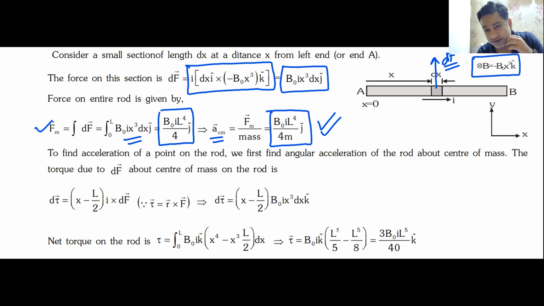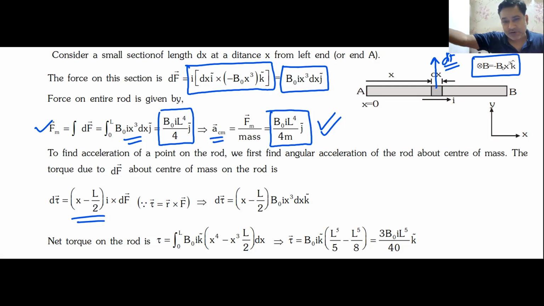Now I have to find out the angular acceleration of rotation about the center of mass, because it is going to rotate about the center of mass. So I take any force at a distance x from the end A, and I find the torque of that force about the center of mass. The distance of that point from the center of mass will be x minus L by 2.